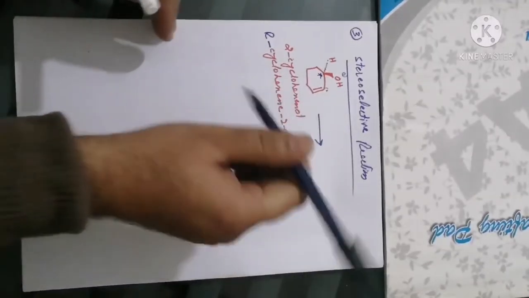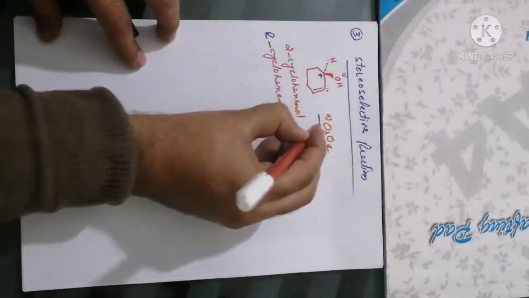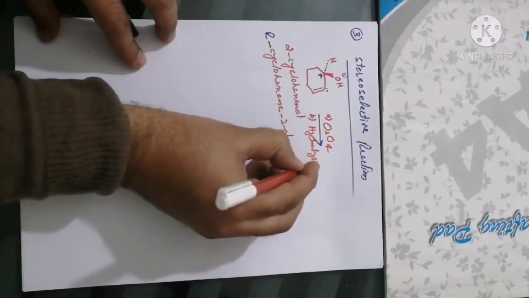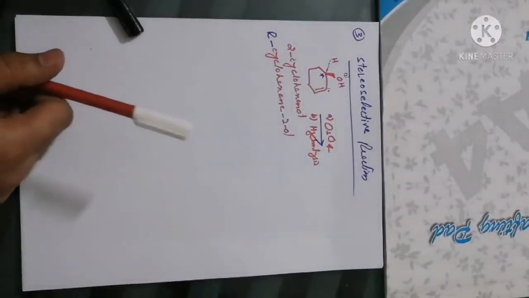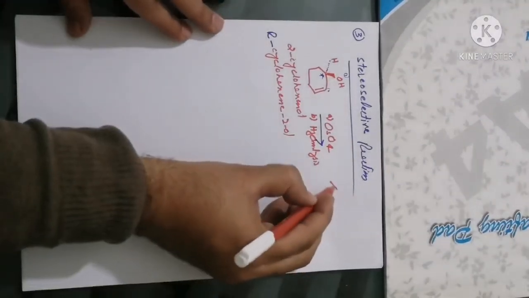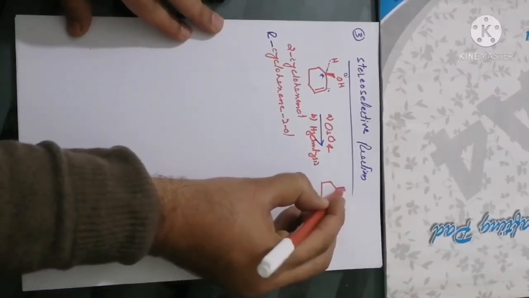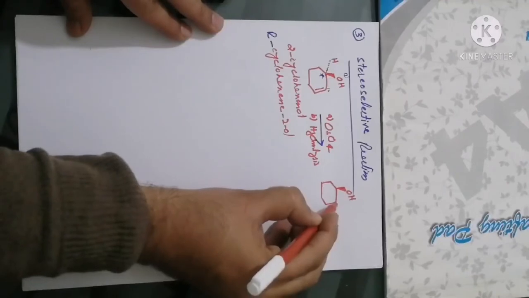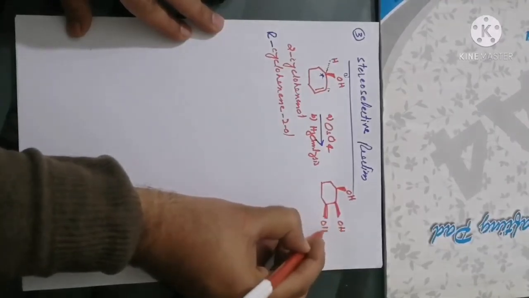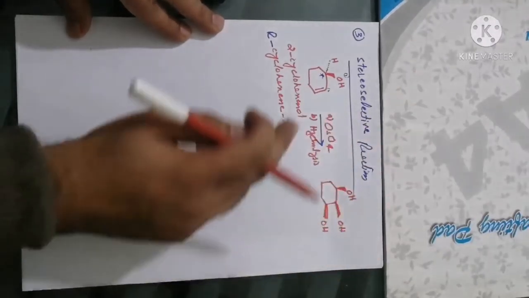Upon reaction with osmium tetroxide in the first stage, and then upon hydrolysis, what will be the product? We are getting two products. In the first product, two hydroxyl groups are on the upper face, or the front side, of this olefinic double bond.